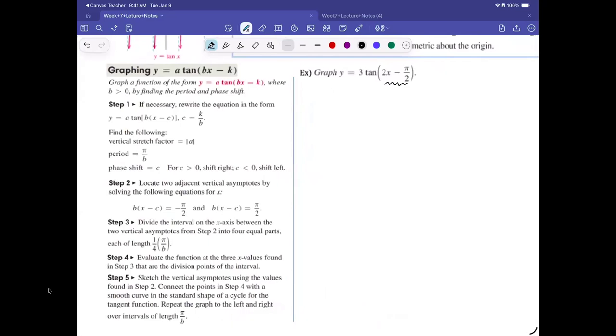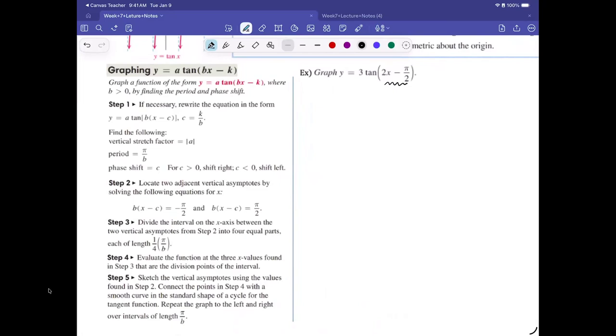If you have a times tangent of bx minus k, then step number 1, you have to figure out what is a and what is the period and what is the c value and all that, okay? Do you know that c? C is k over b.